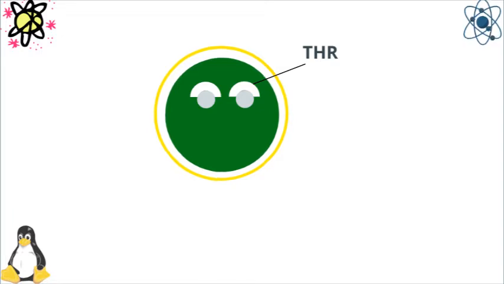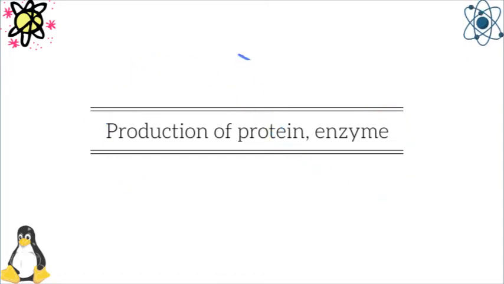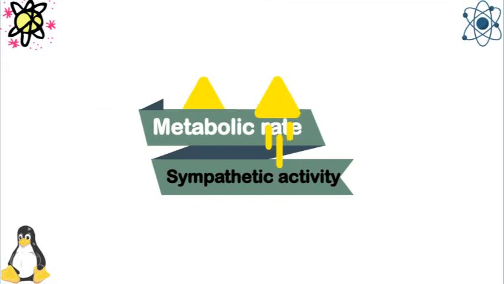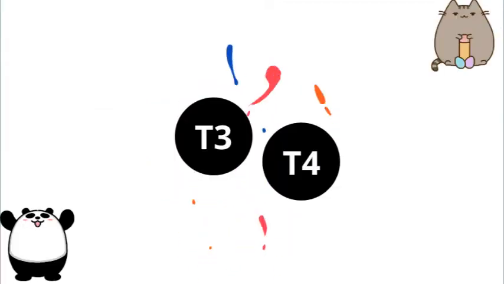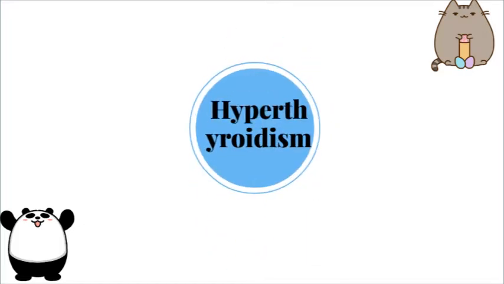This will stimulate the production of proteins, enzymes, and everything else. Overall, it increases the metabolic rate and sympathetic activities. If T3 and T4 are produced too much, this will be considered hyperthyroidism.